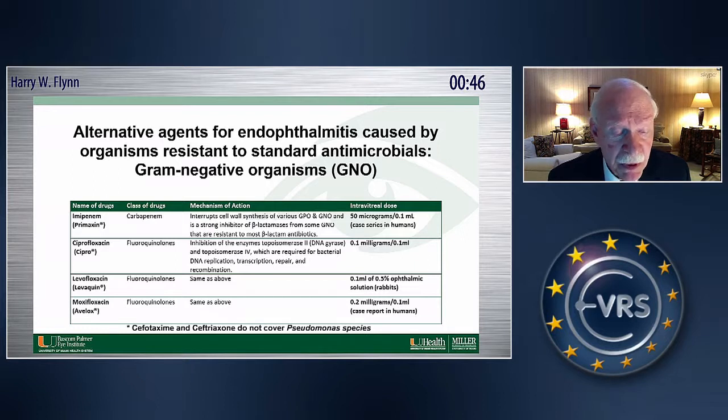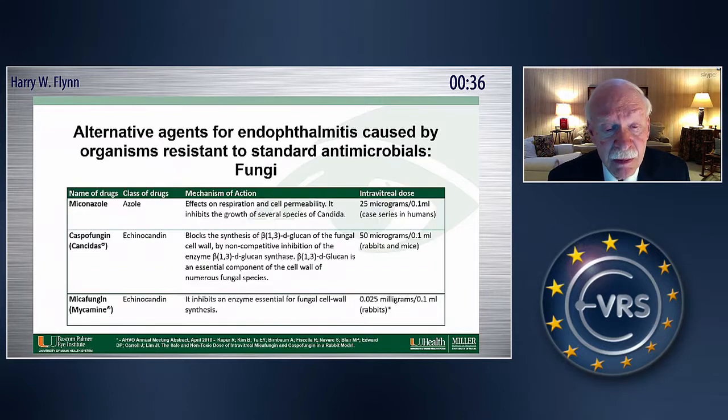Keep in mind that ceftriaxone does not cover Pseudomonas, and therefore cannot be used. For fungi, there are some limited reports of using azoles. We have very little experience at this time.